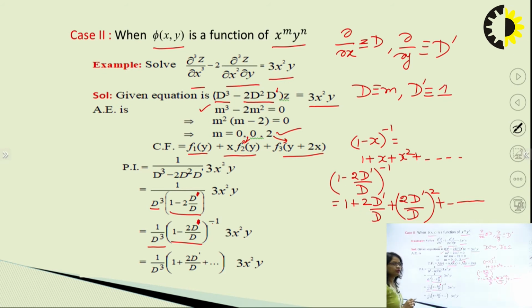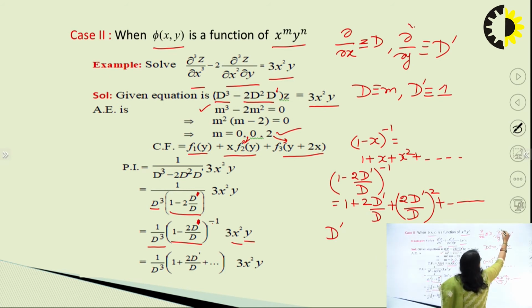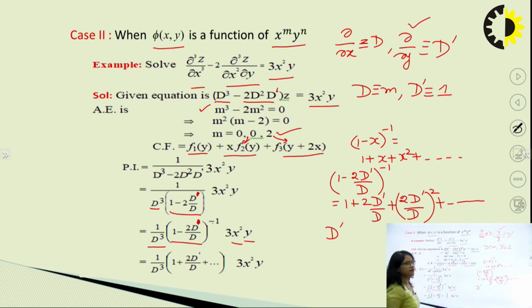I need to look that I cannot have infinite terms to compile my solution. But if I look at the function over here, it has power of x as 2 and power of y as 1. This D dash means derivative with respect to y. I have already discussed that this means derivative with respect to y. So when I apply D dash in the numerator on this function x square y, since y has power 1, after the first derivative the higher order derivatives will become 0.